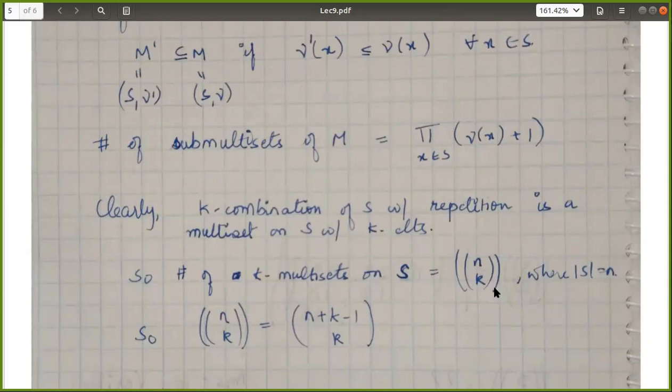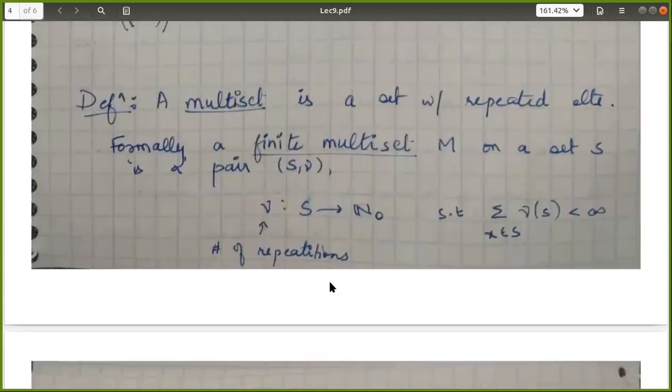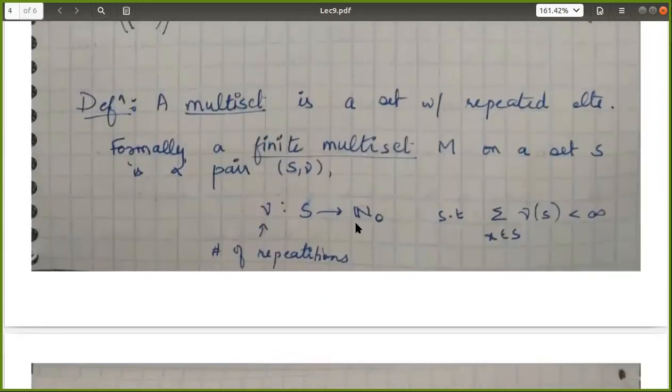This is how we define n multi-set. No, this is not how we defined a multiset. We defined a multiset as a pair S comma nu, where nu was a function taking values in N0. This is how a multiset was defined. Yes, ma'am, but the term on the right side, n multi-choose k.